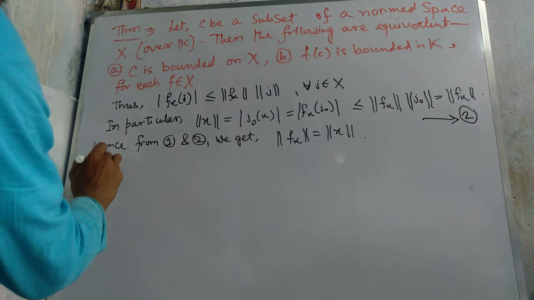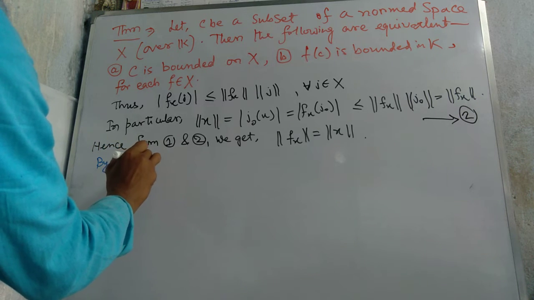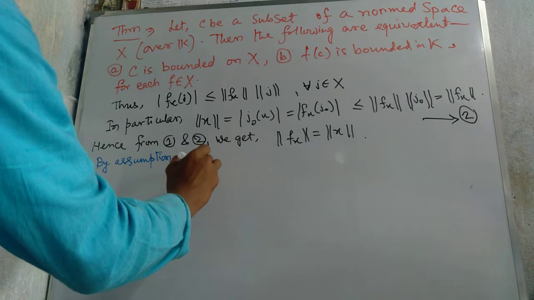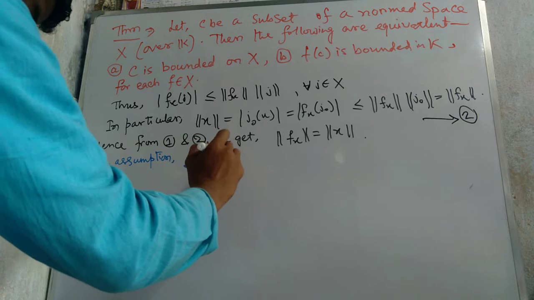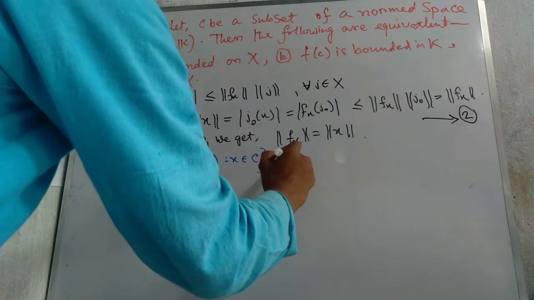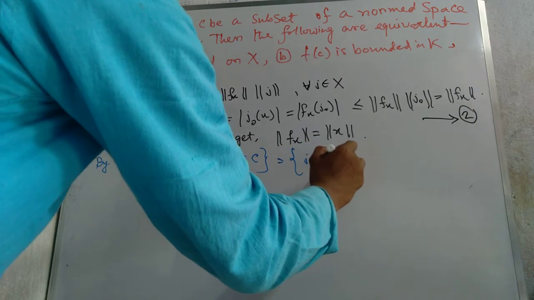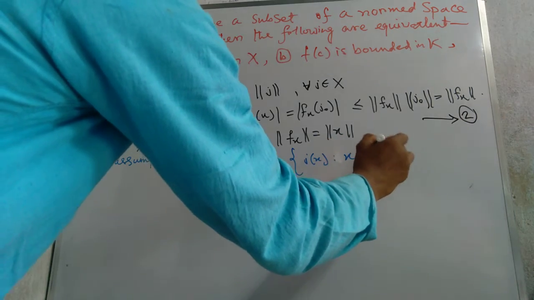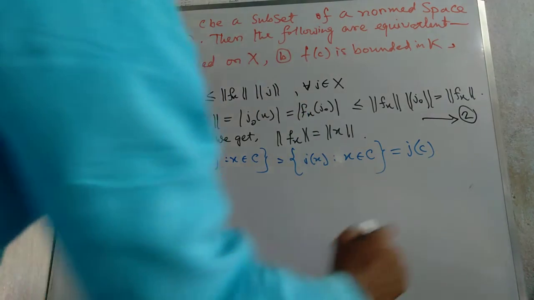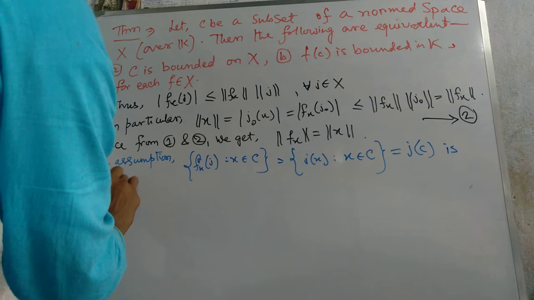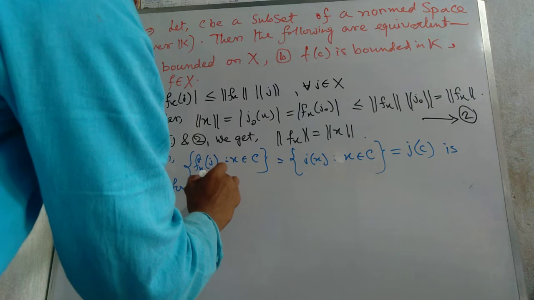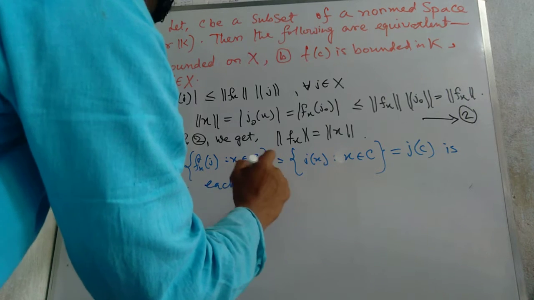By assumption, f(x) j, x belongs to C, equal to j(x), x belongs to C, equal to j(C), is bounded for each j belongs to X dual.